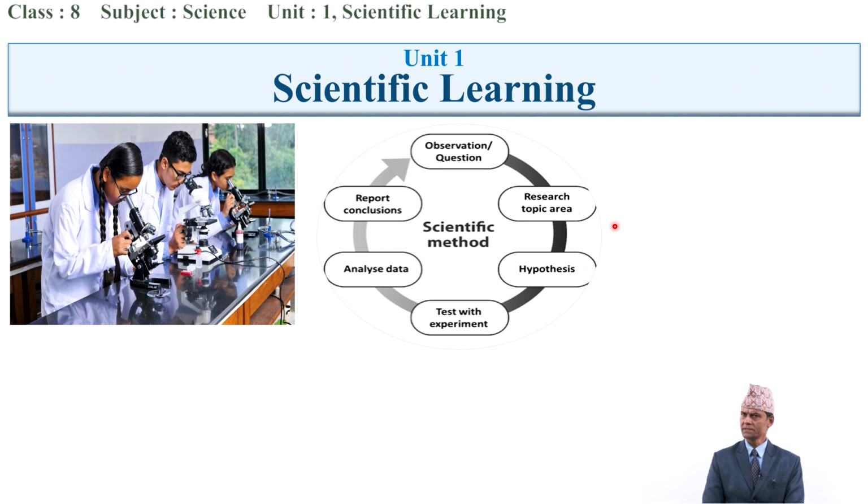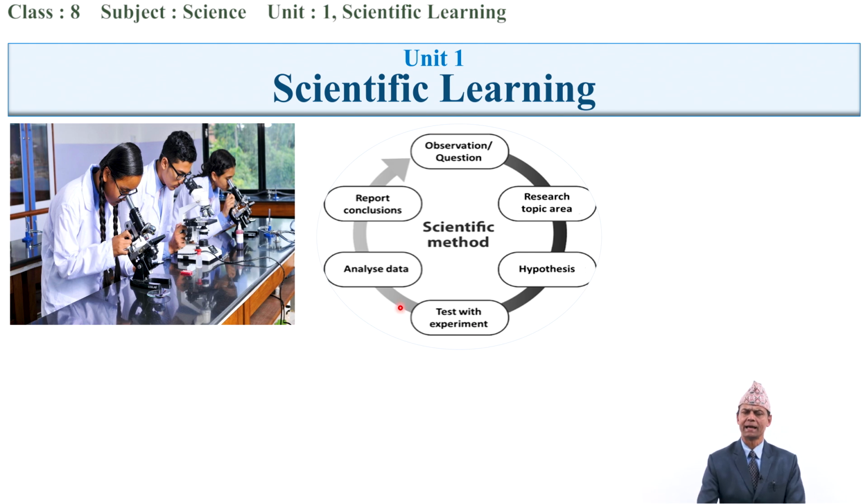Then after the research topic, we have to formulate the hypothesis. What happens? What is it? Then after the hypothesis formation, we go to the next step. We collect the facts, study the phenomena, and involve ourselves in the authentic learning process.